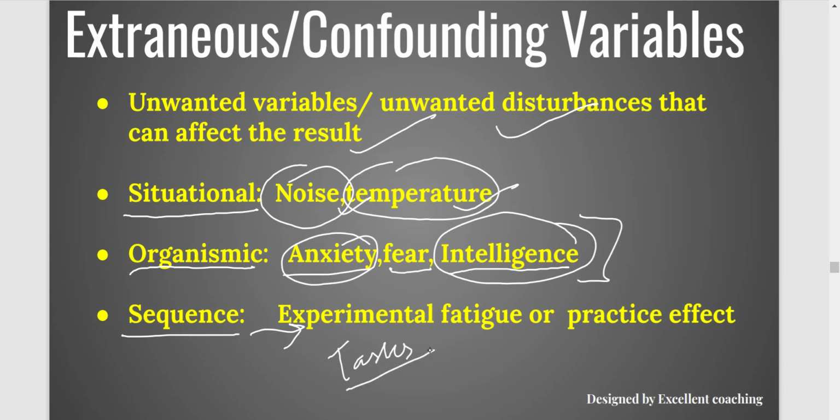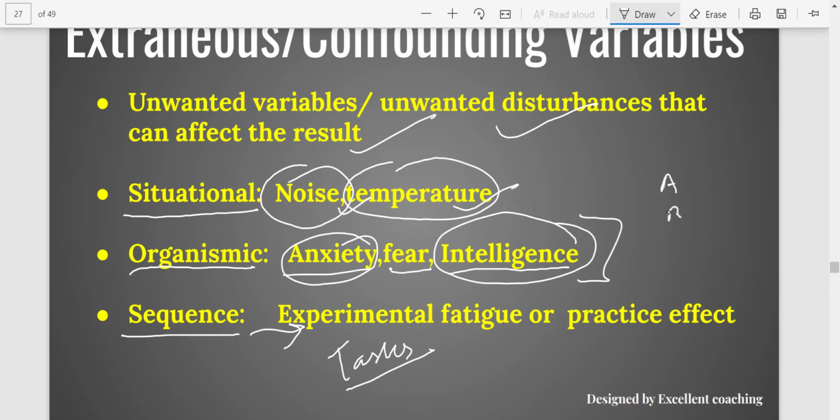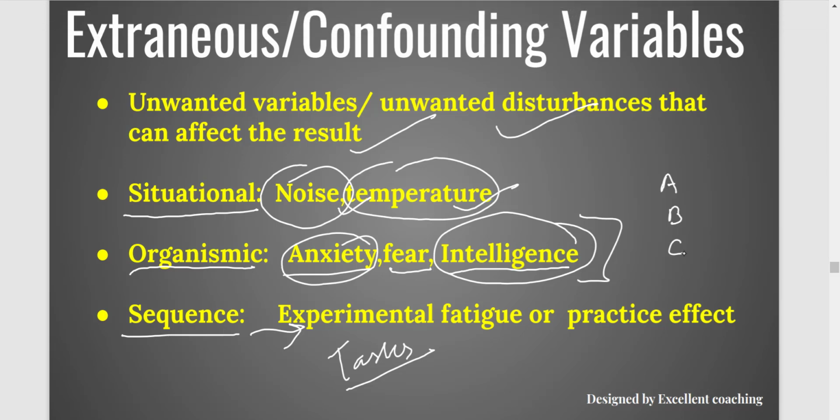Suppose you have told your participants that you will do task A first, then you will do B, then you will do C. What can happen is, due to experimental fatigue, suppose they have already done task A and then they are doing B and now they are tired. So the score of doing task C will be lesser than A and B. That will cause the result of your whole experiment to change because of their fatigue.